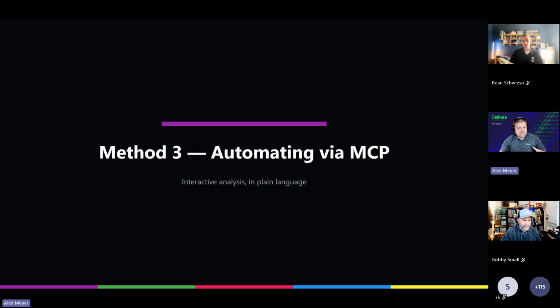All right, so the last type that we're going to look at here, the last different way of gathering this data, is MCP. There is the built-in MCP from a Copilot perspective that we can also do this for. So if you want to skip building your own MCP, you absolutely can.